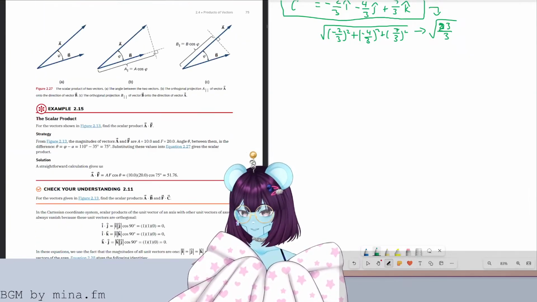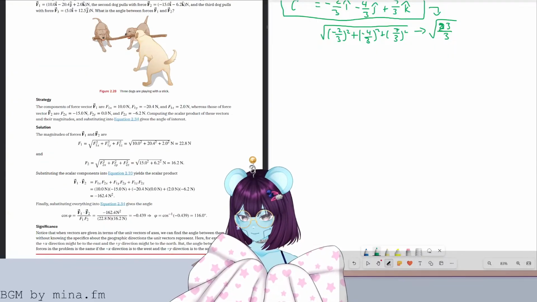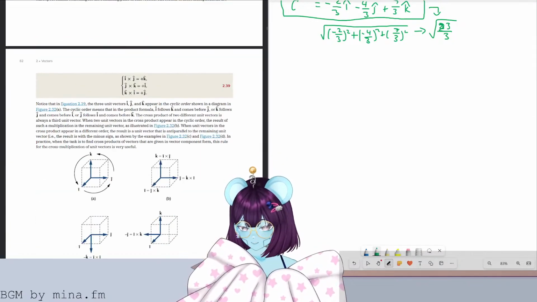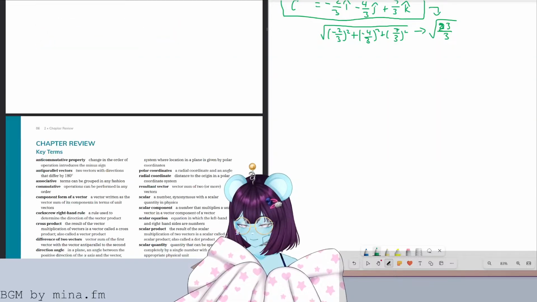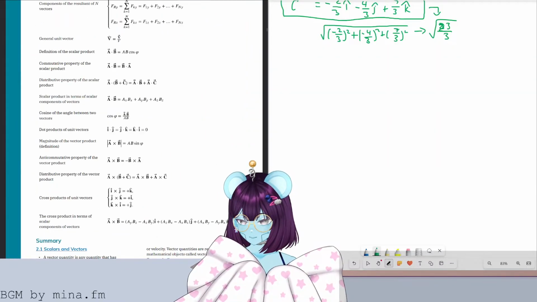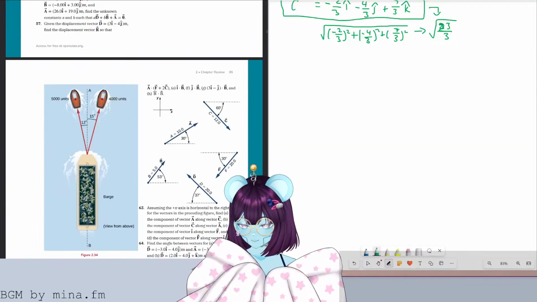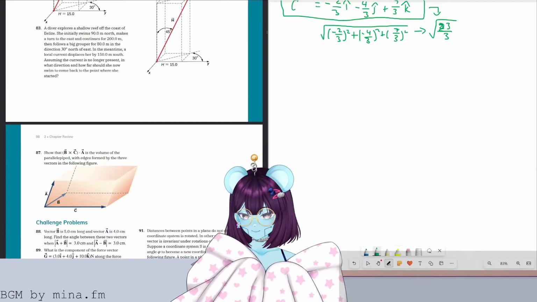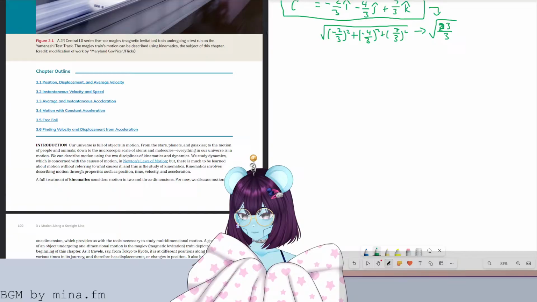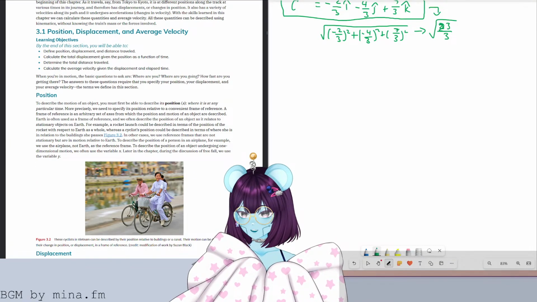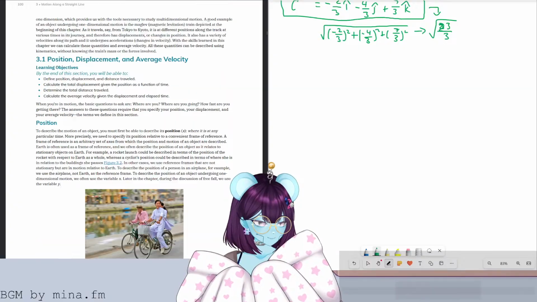And then the next time I'll finish 2.4, which I think is multiplication. And then after that, we can finally move on to more kinematic stuff, which is good. These are a bunch of questions. Motion along a straight line. Yes. So we can finally move on to position, displacement, and velocity.